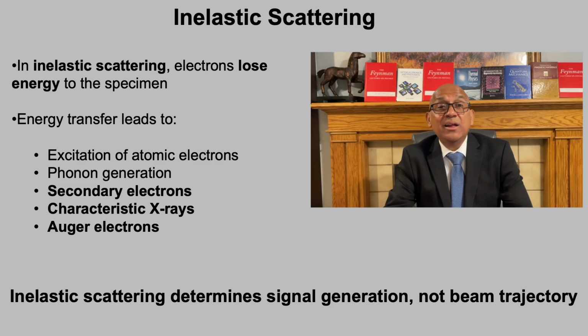In some cases, relaxation occurs through the emission of Auger electrons, which are extremely surface sensitive. Energy transfer can also excite lattice vibrations, or phonons, contributing to local heating rather than useful imaging signals. Inelastic scattering therefore governs what signals are generated during electron-matter interactions, rather than how the electron beam propagates through the specimen.